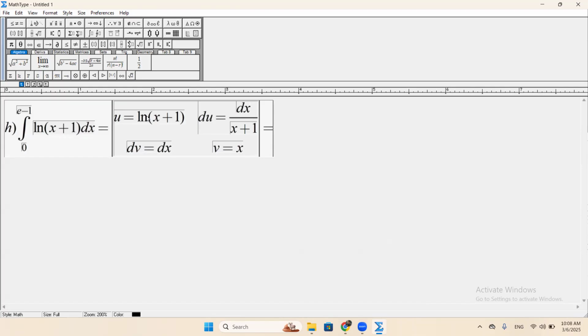And now let's calculate. So x multiplied by logarithm of x plus 1 with substitutions from 0 to e minus 1, and minus the following integral, v du. From 0 to e minus 1, x divided by x plus 1 dx.